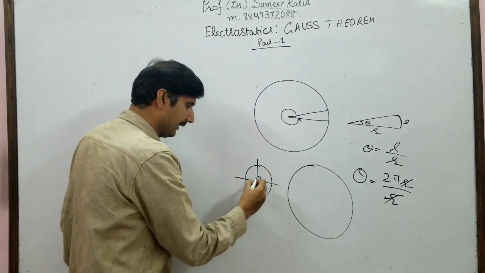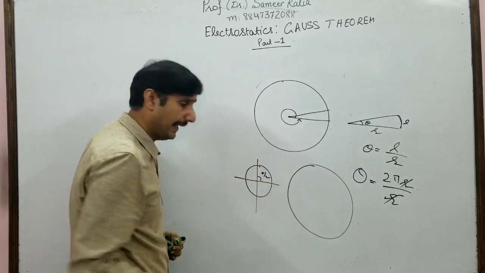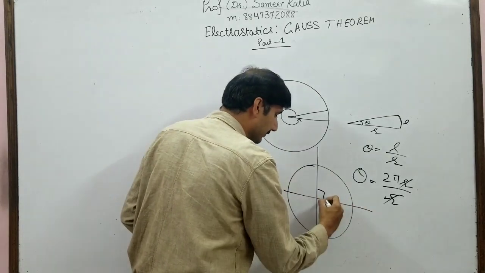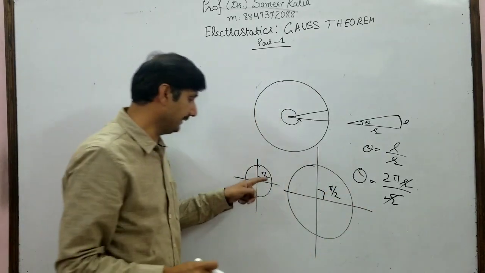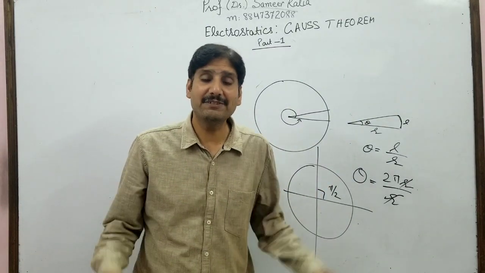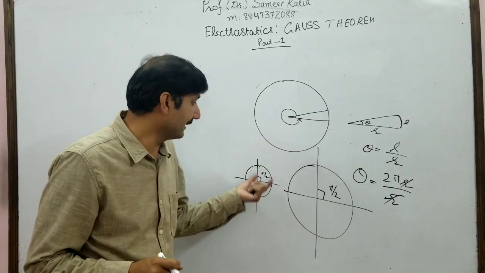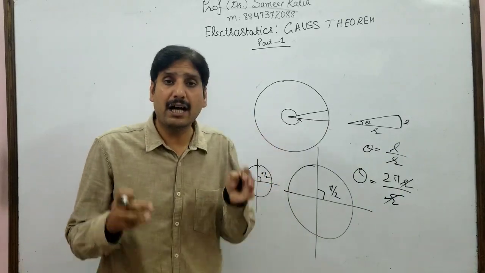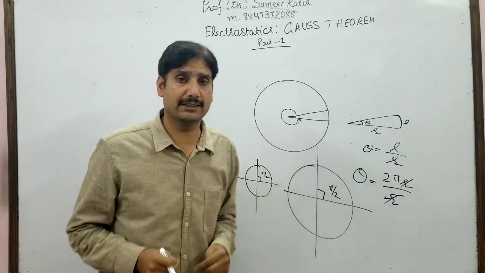This section has pi by 2 radian angle. This section also subtends pi by 2. Can we say that this section is equal to this section? The answer is no. They are physically different. The angle is representing how much part of the circle.